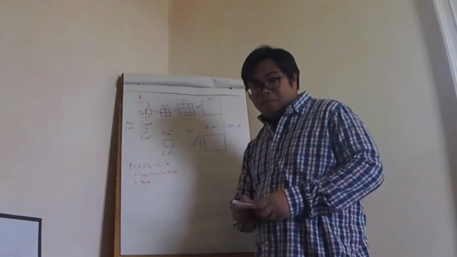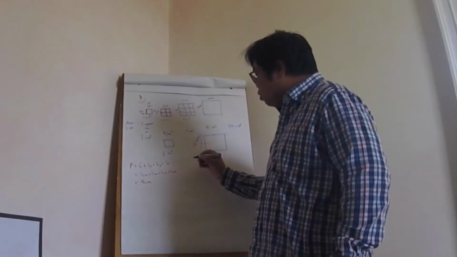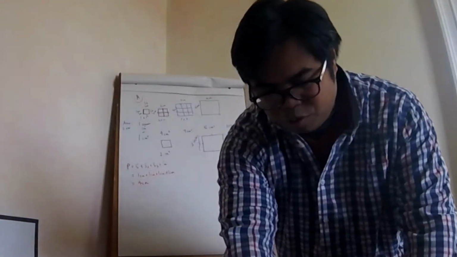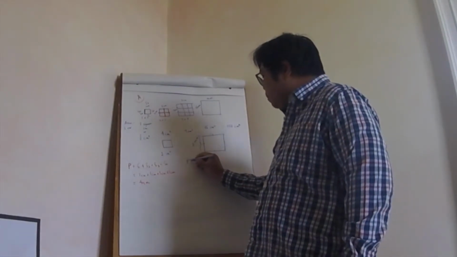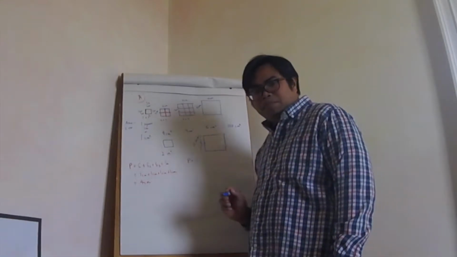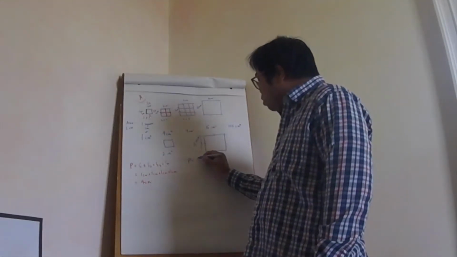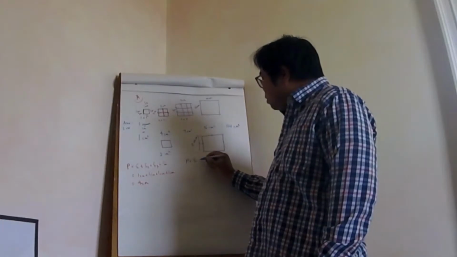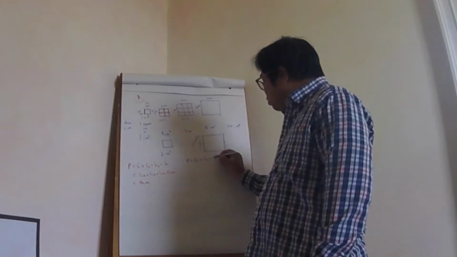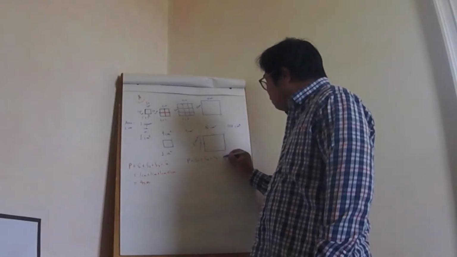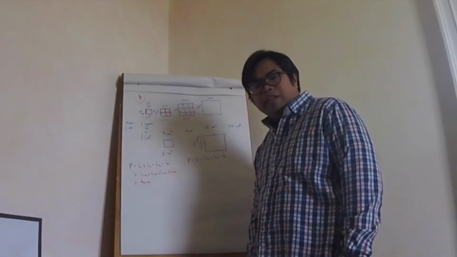Let's do it together. Copy me as I write it on the board. Perimeter means P equals. Have you written it? So P equals side 1 plus side 2 plus side 3 plus side 4. Have you done that?